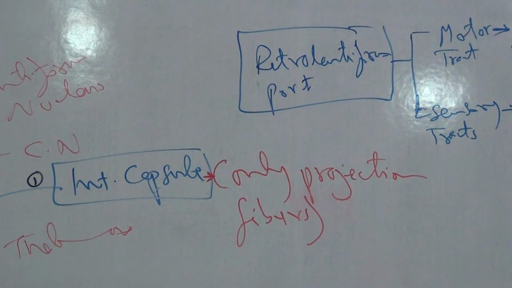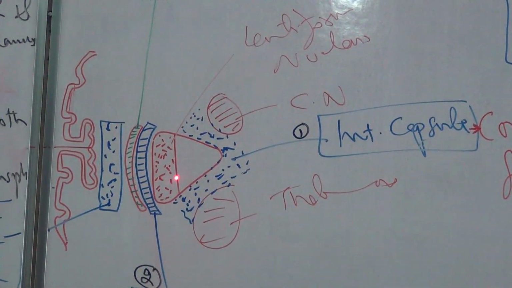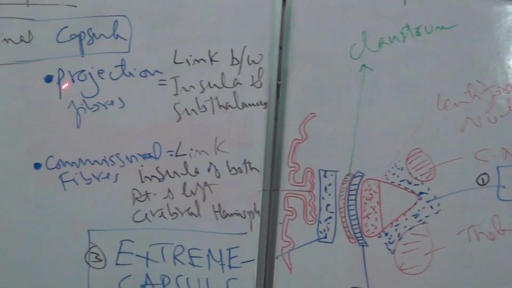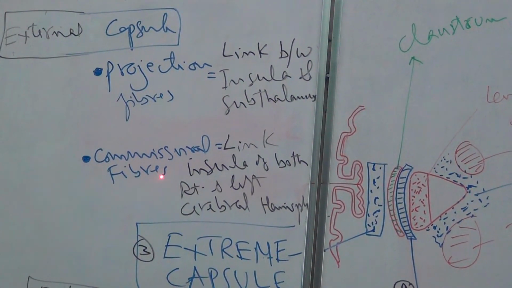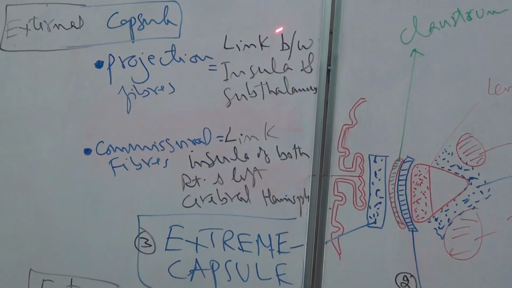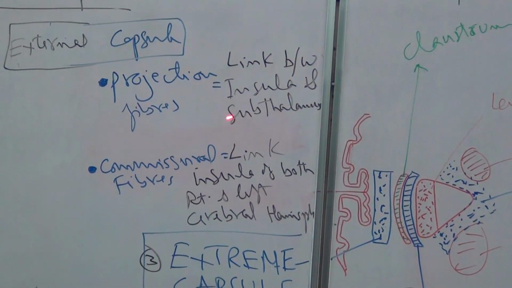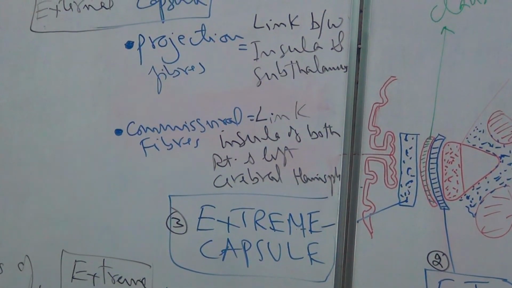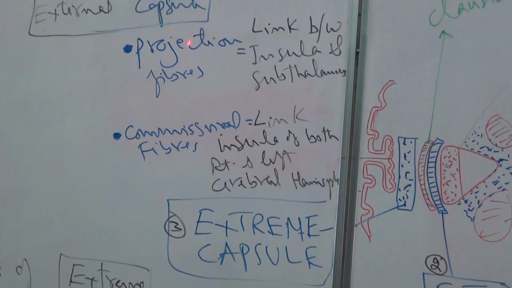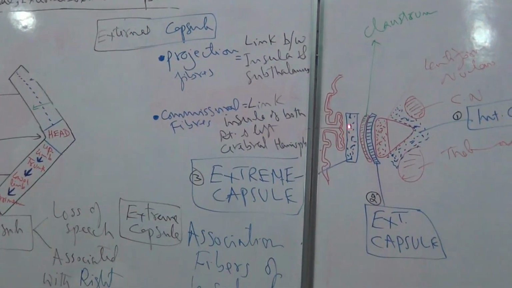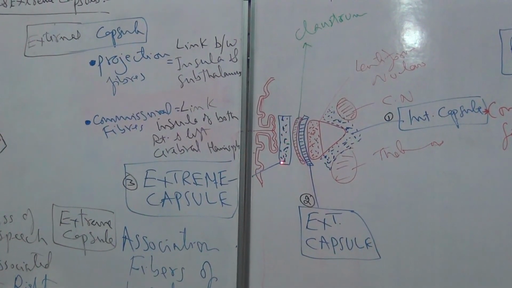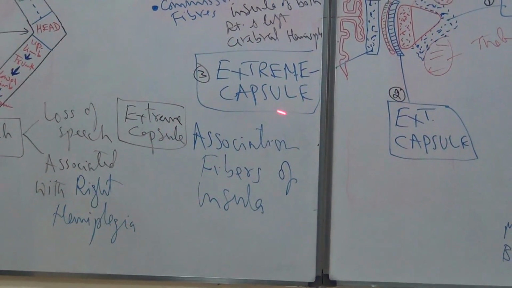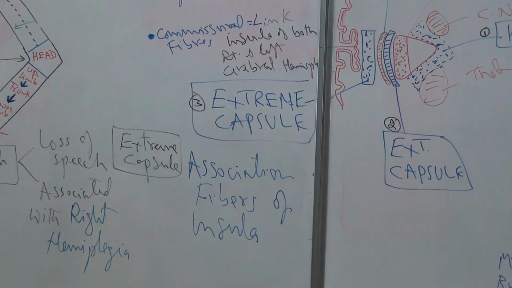Now if we compare it with the external capsule located between the lentiform nucleus and the claustrum, it comprises two types of fibers, projection fibers and commissural fibers. Projection fibers connect the insula with the subthalamus, and commissural fibers link the insula of both sides, right insula with left insula. Then the extreme capsule between the claustrum and insular gray matter comprises only one type of fiber, that is association fibers which connect the insula.